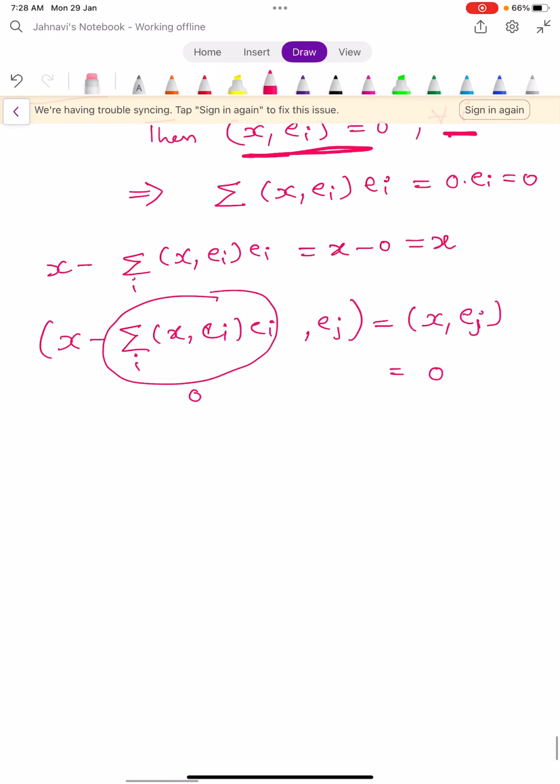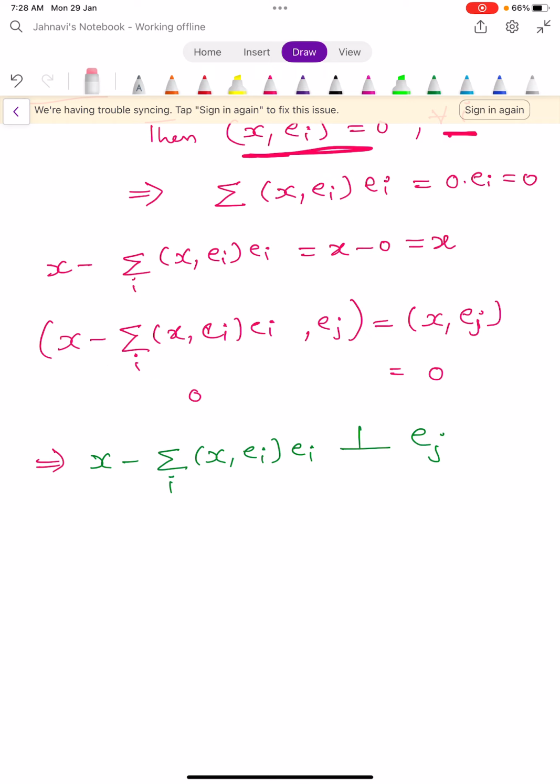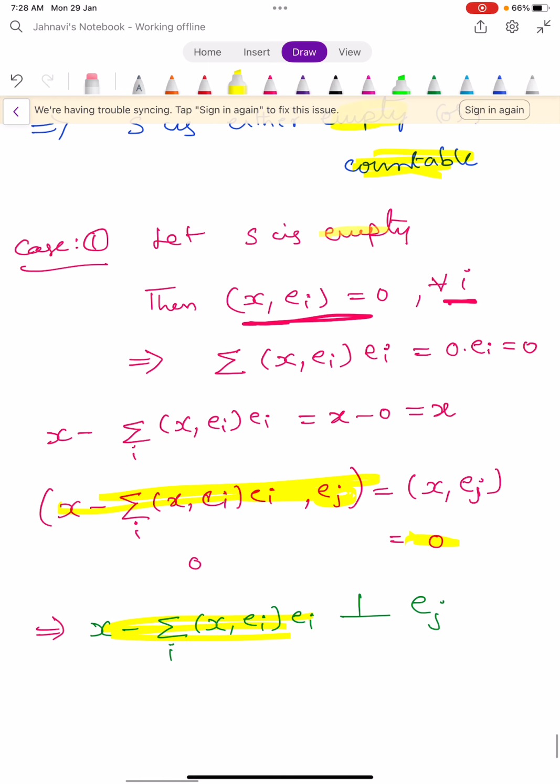So if this inner product is 0, then you conclude that x minus summation over i of inner product of x comma e_i into e_i is perpendicular to e_j. So e_j is perpendicular to this vector. Whenever the set S is empty, our theorem is completely proved.